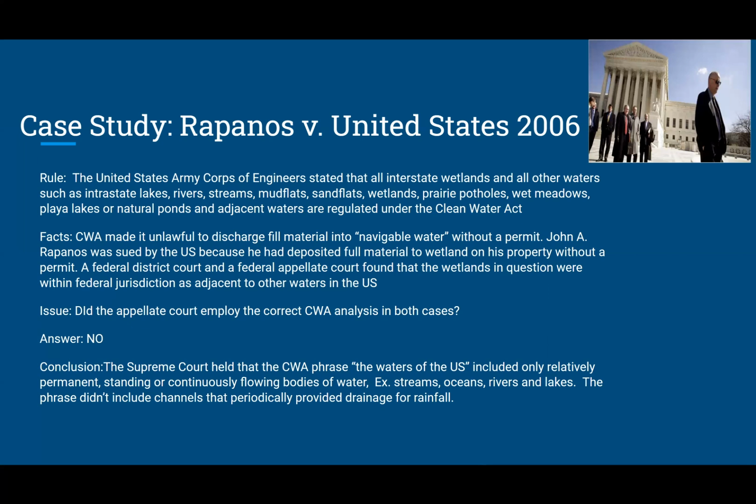The federal district court and the federal appeal court found that the wetlands in question were within the federal jurisdiction because they were adjacent to other waters. So his particular land, they stated that when it overflowed or when it was actually full, it would run into another body of water outside of his property.